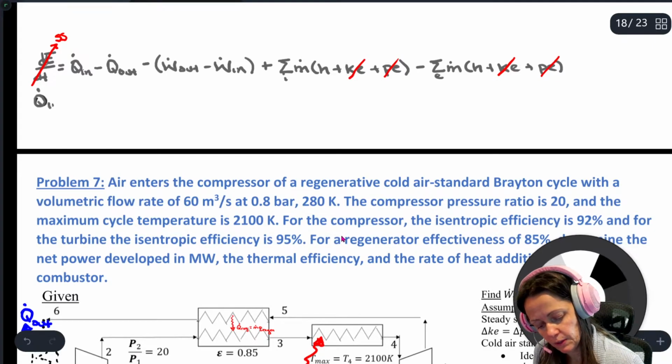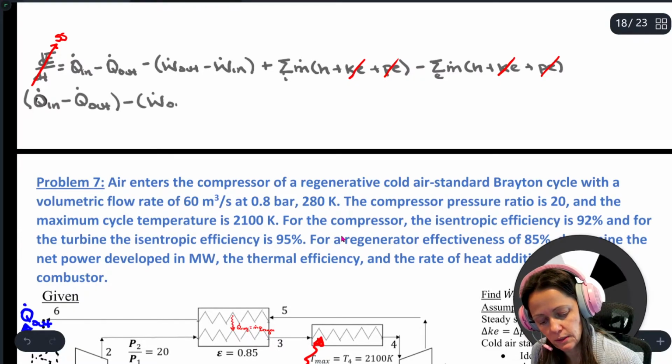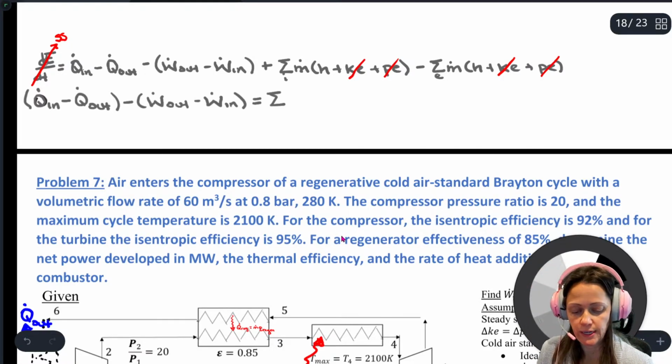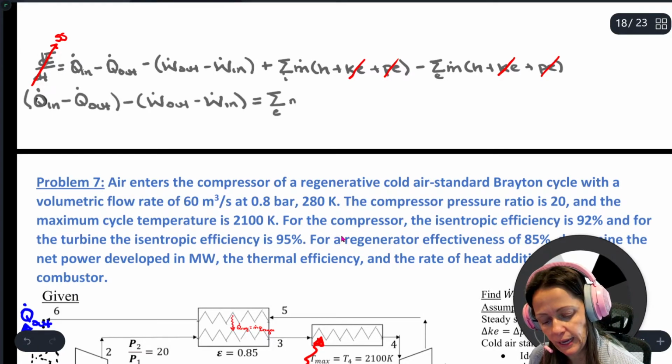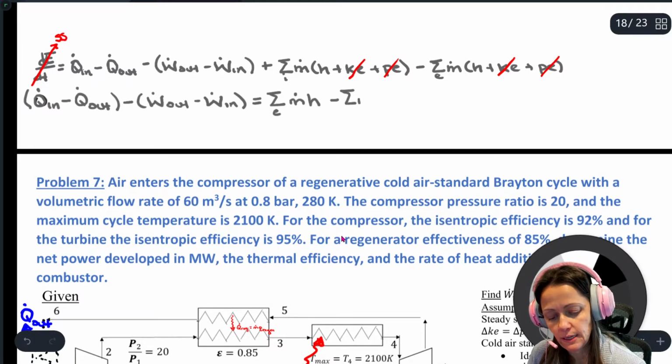If I keep on going here, there'd be a Q dot in, Q dot out, minus W dot out, minus W dot in, and if I bring things over to the other side of that equal sign, it's going to be the outlet minus the inlet: m dot h at the outlet minus m dot h at the inlet.